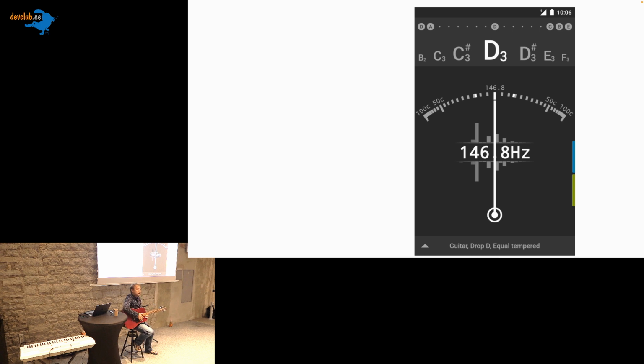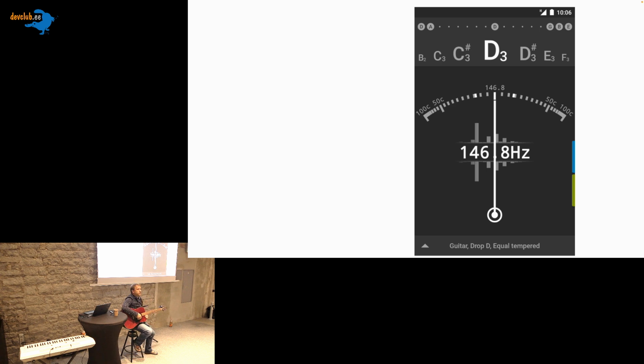Usually we use some devices like this or some mobile applications like this. What it does: I start pulling the note and this thing moves and shows me whether I should relax the tuning. If I relax it, then the tone gets lower.